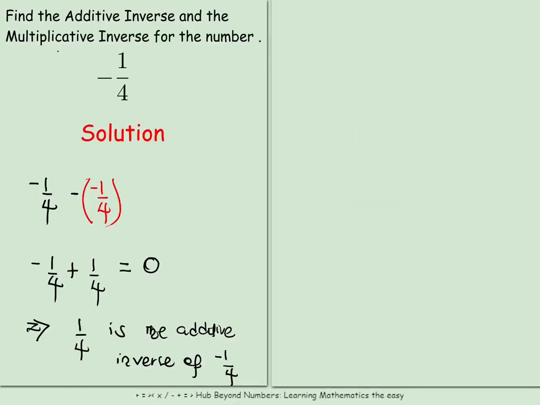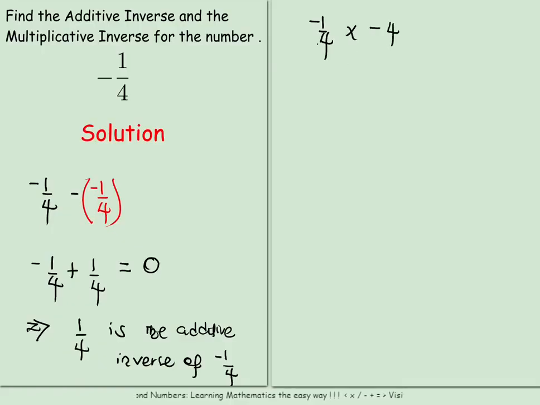We are being asked also for the multiplicative inverse. Now, we know that if we have negative 1 over 4, what number are we using to multiply the negative 1 over 4 so that it will give us what? 1. That is the multiplicative identity. And we said it is its reciprocal. Its reciprocal is then going to be what? A negative 4.